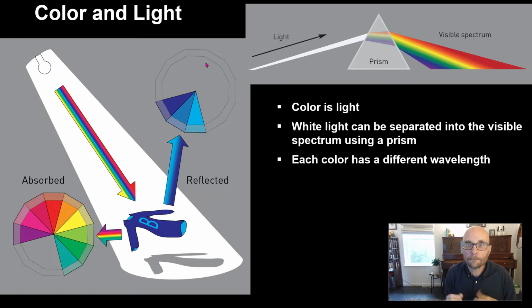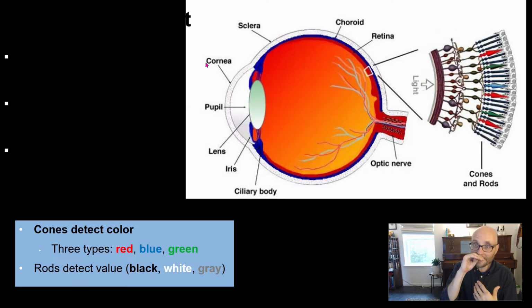Now your eye picks up just those blue wavelengths, and that is absorbed into your eye, into your retina. That is transmitted into an electrical impulse into your optic nerve and sent to your brain, and your brain goes, oh, look, blue.